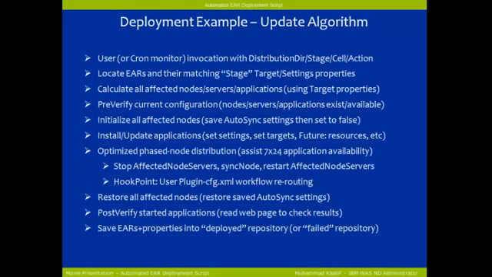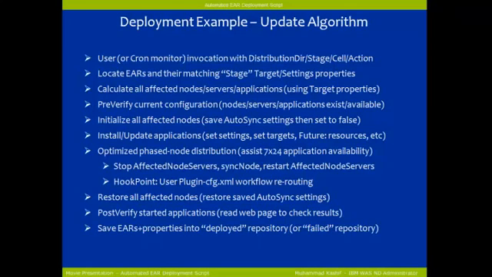These are the deployment example update algorithm. Like we have to use a cron monitor invocation with the distribution directory. These are the capabilities of the script. It calculates all affected nodes and servers using target properties.